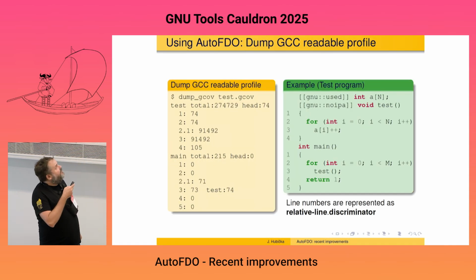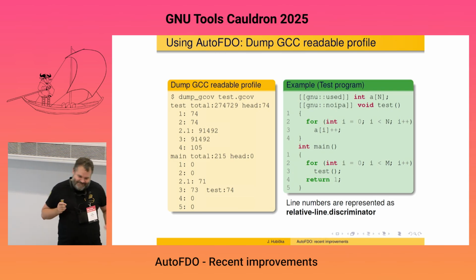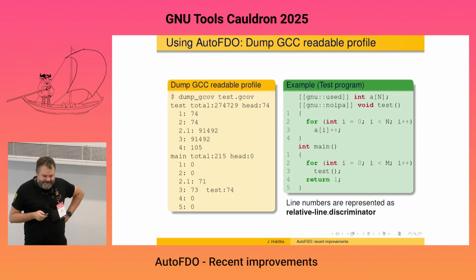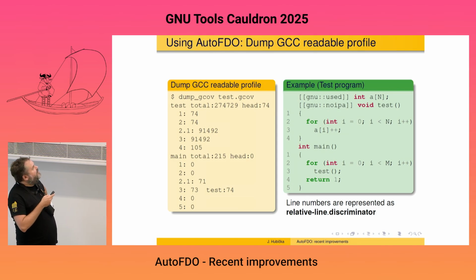So this is dump_gcov, which is a very nice name because we have gcov-dump, and here the gcov is on the end with an underscore, which is like different naming conventions. And this is what's inside of the profile. There are 2 functions, test and main. This is the total number of samples in the function, so you can identify how hot the function is. This is the number of executions, basically the head executions of the count.